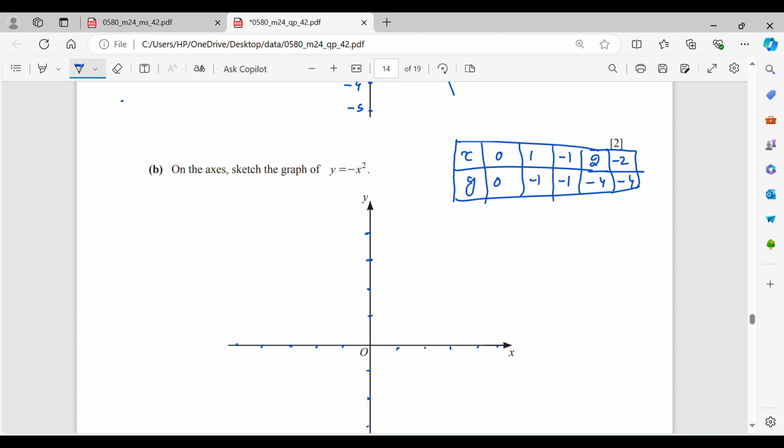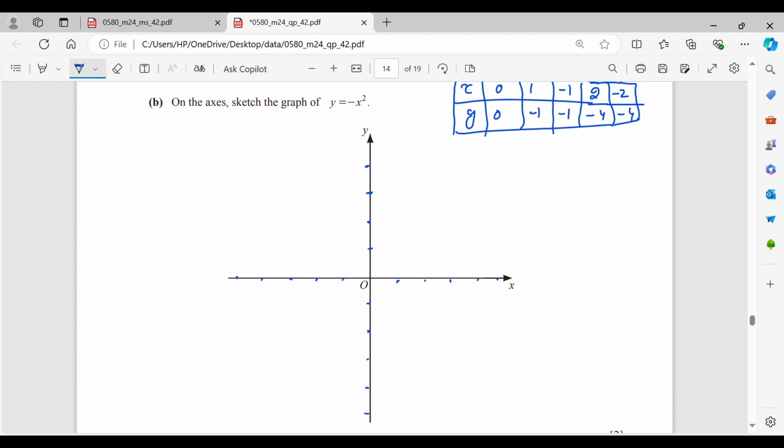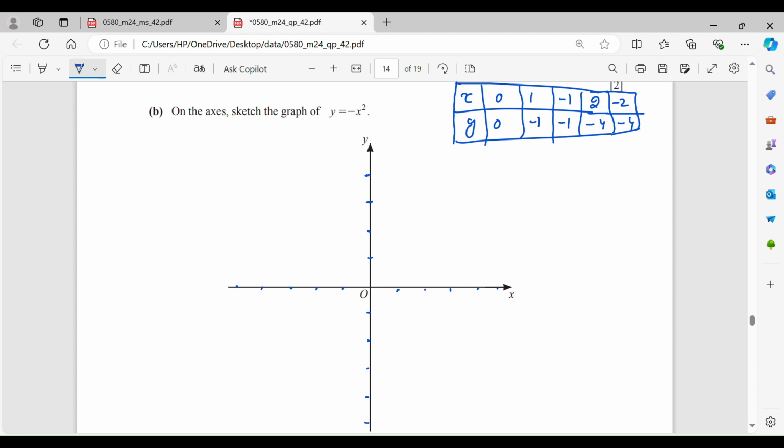Now we will make it. On the x-axis this is 1, 2, 3, 4, 5, and minus 1, minus 2, minus 3, minus 4, minus 5. On the y-axis, same way, 1, 2, 3, 4, and minus 1, minus 2, minus 3, minus 4, and minus 5. On 0, it is 0.